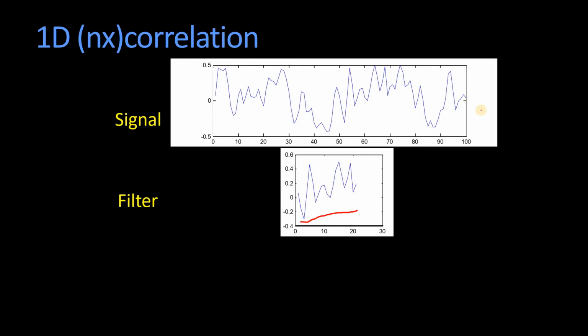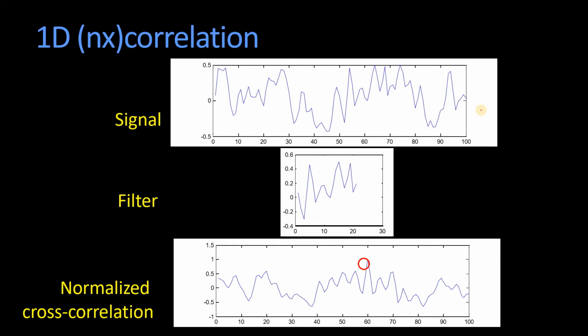For this purpose, what we can do is take the signal and the filter. Remember, in this case the filter is also a short signal, and the pattern is repeated in the signal.